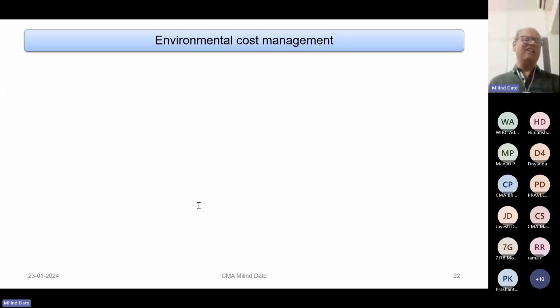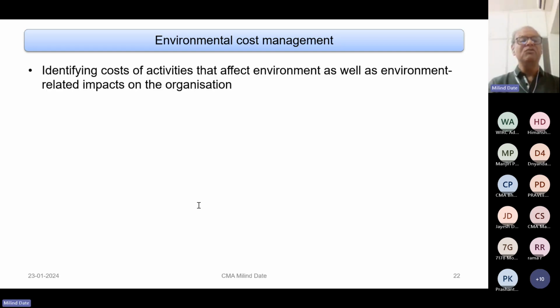Basically, the effort is again making your costs visible and your ability to trace them to environment related or environmental driven kind of costs. So you identify the activities which affect environment or which are affected by environment and create certain impact on the organization.